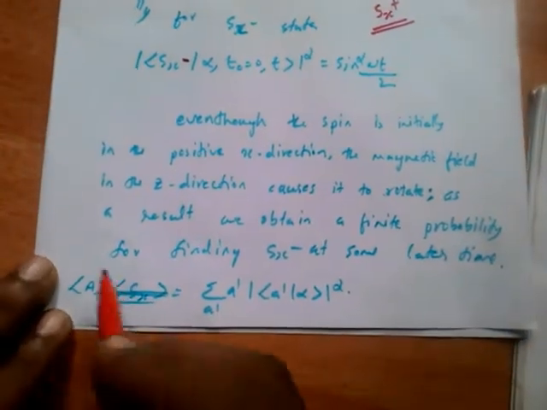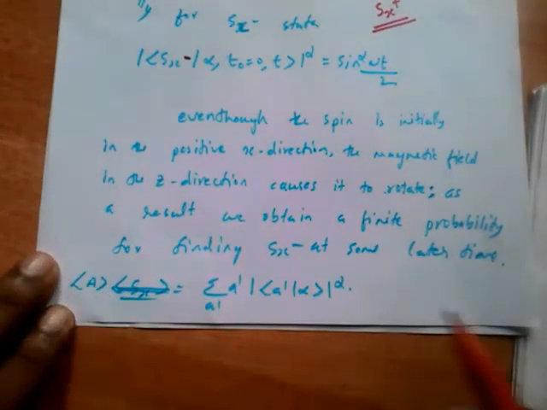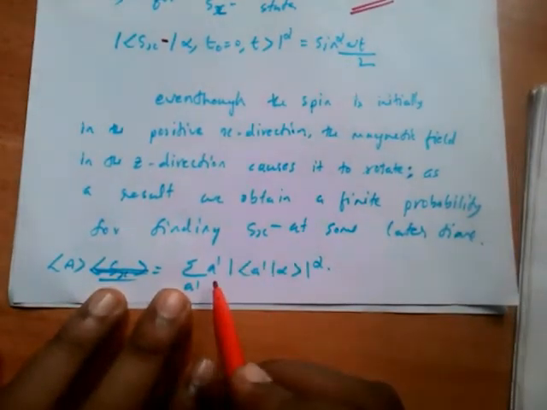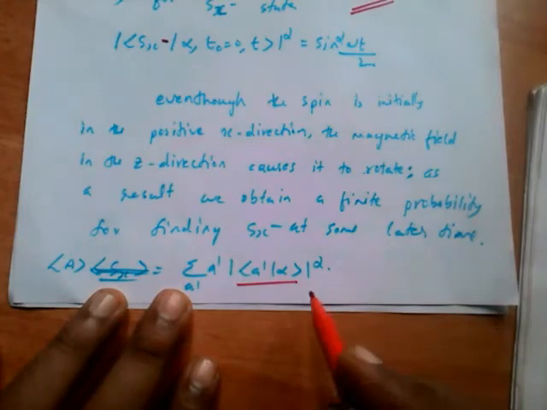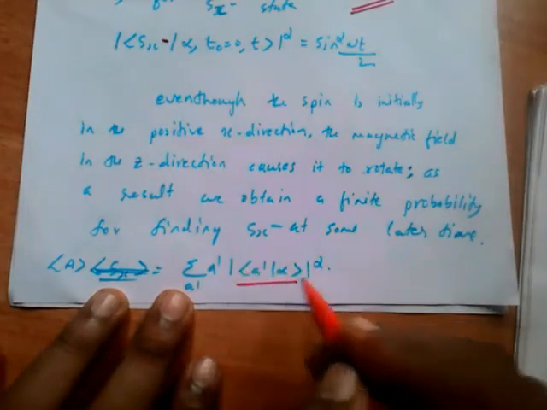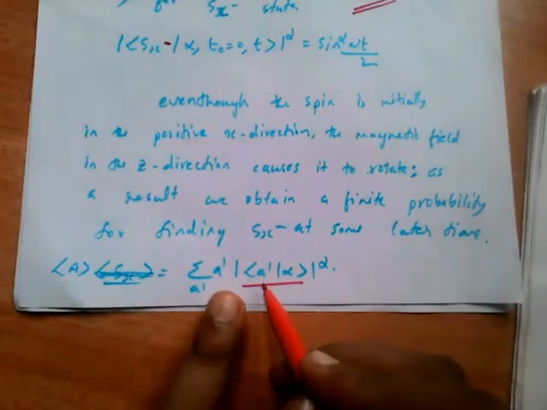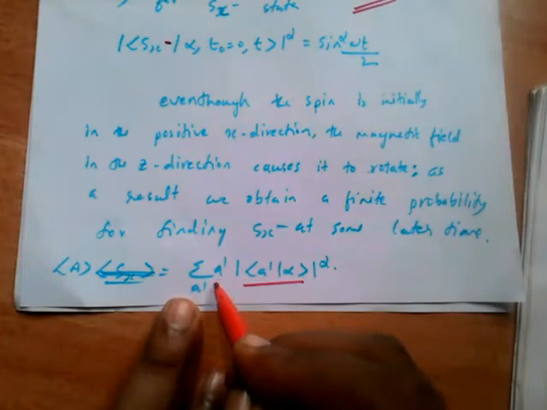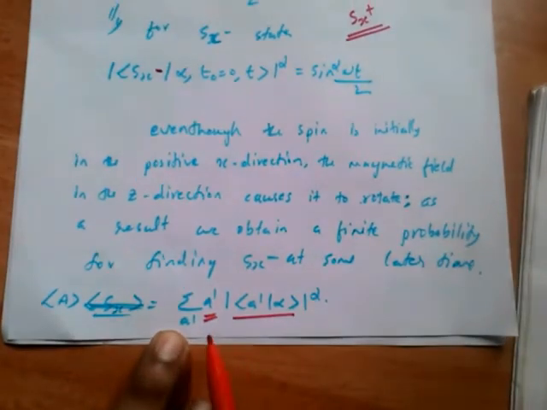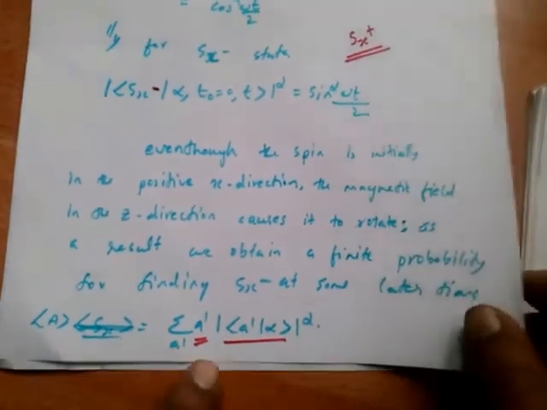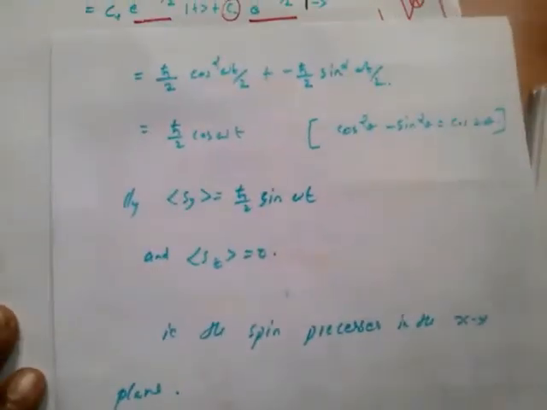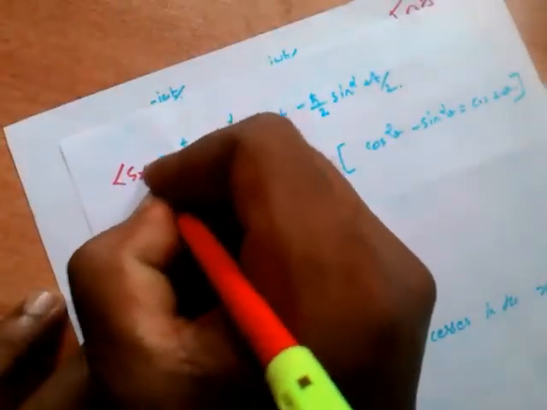And we know how to find the expectation value of an operator A: it is the sum over A dash of the probability of finding the state in A dash, times the eigenvalue. So by using this equation, let's find the expectation value of Sx.